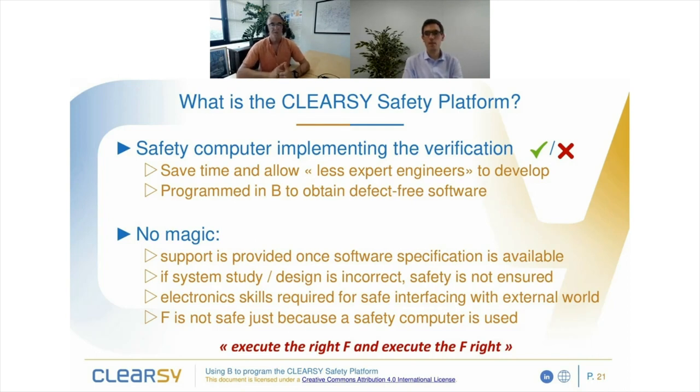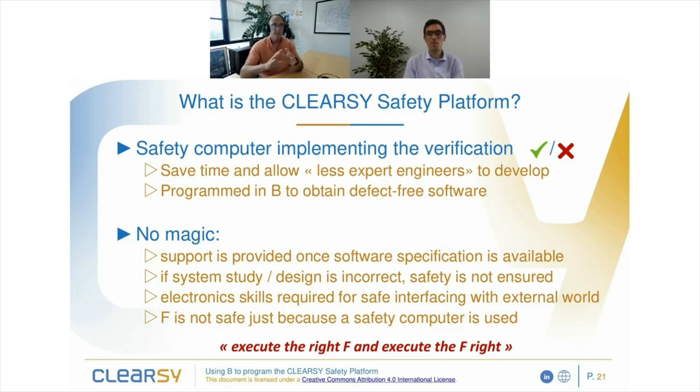So you need a software specification, of course. If your system study or design is incorrect, the safety is not ensured. If you decide to close the barrier, but in fact you need to open it, or to brake a train or something similar, if the specification is incorrect, the safety is not ensured. You need to have some electronic skills for interfacing with the external world.